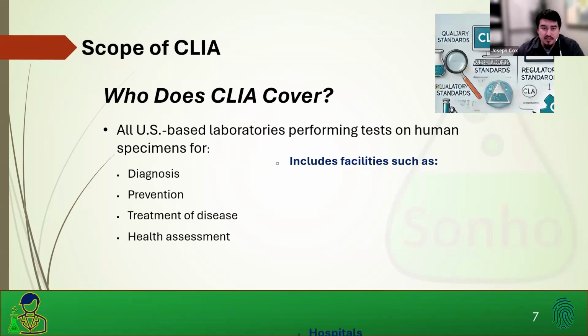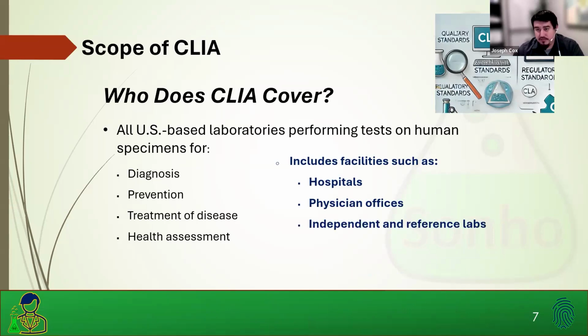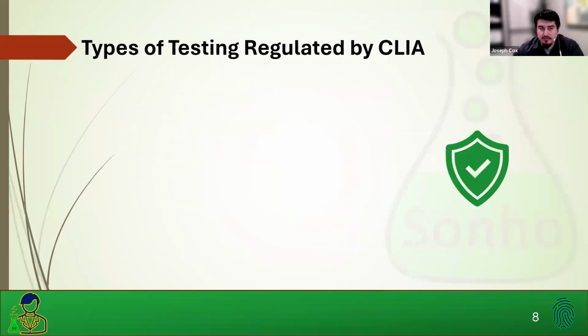This includes all facilities such as hospitals, physicians' offices, independent and reference laboratories, and includes nursing homes and mobile labs. So CLIA covers extensively, basically anything health-related in a laboratory setting falls under CLIA.